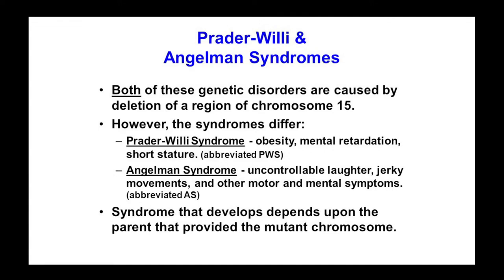Prader-Willi syndrome: obesity, mental retardation, short stature. Angelman syndrome: uncontrollable laughter, jerky movements, and other motor and mental symptoms. The syndrome that develops depends upon the parent which provides the mutant chromosome.